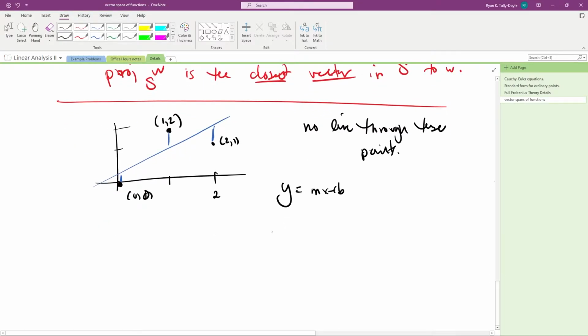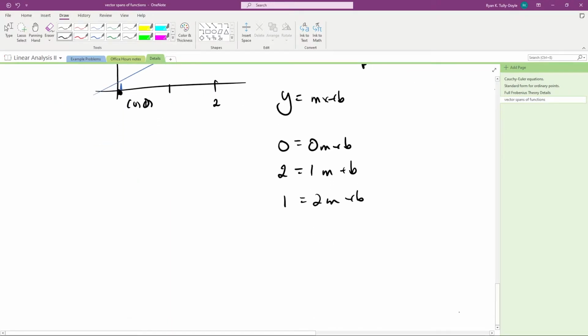I would need 0 to equal 0m plus b, and 2 to equal 1m plus b, and 1 to equal 2m plus b. In linear algebraic terms, you can rewrite this as a matrix equation: the vector (0, 2, 1) equals the matrix with rows (0, 1), (1, 1), (2, 1) times the vector (m, b).